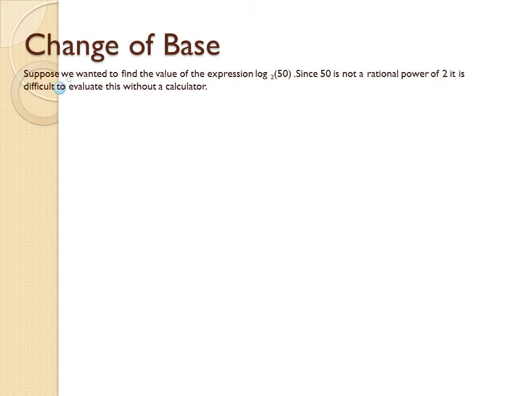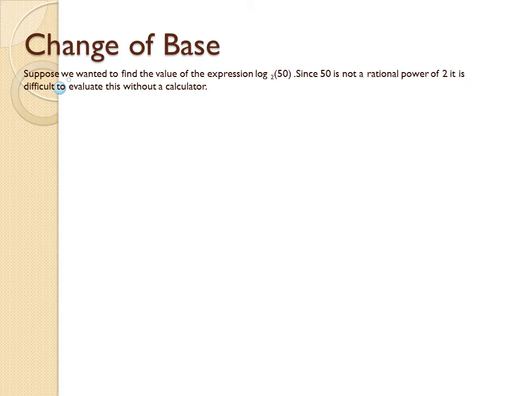Let's say we wanted to find the value of the expression log 50 to the base 2. Now we know 50 is not a rational power of 2, like 2 squared equals 4, 2 to the power 4 equals 16.